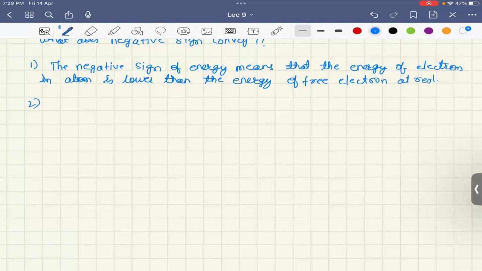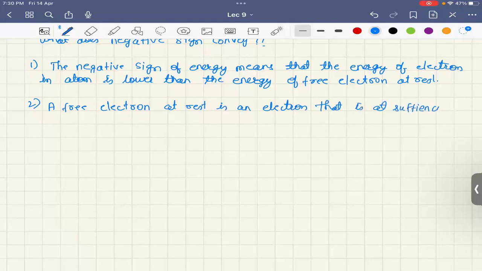A free electron at rest is an electron that is sufficiently far away from the nucleus, and its energy is assumed to be zero, right?